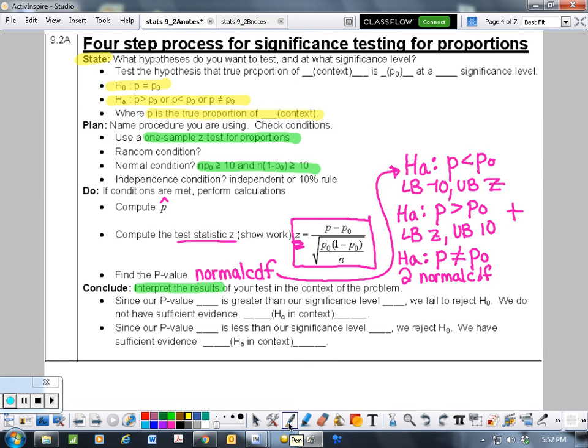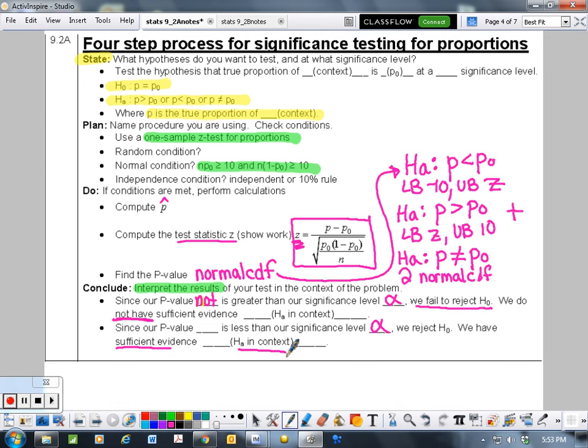If our p-value is not less than our significance level alpha, we fail to reject H0, and we do not have sufficient evidence. If our p-value is less than our significance level alpha, we reject H0, and so we do have convincing evidence, or sufficient evidence.